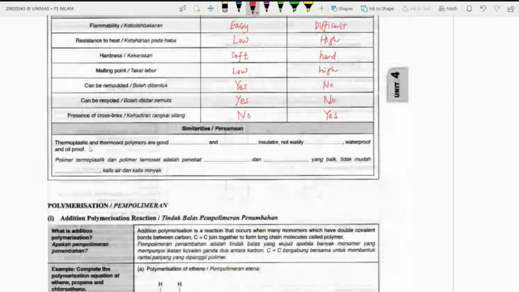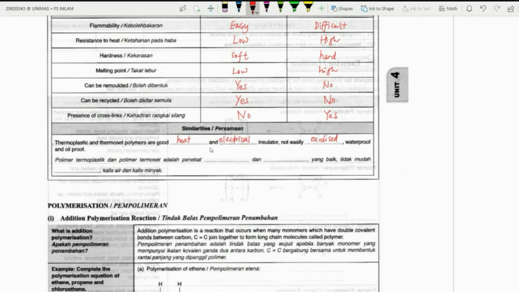So the thermoplastic and thermoset polymers are good what? Good heat and electrical insulators, not easily oxidized, waterproof and oil proof.